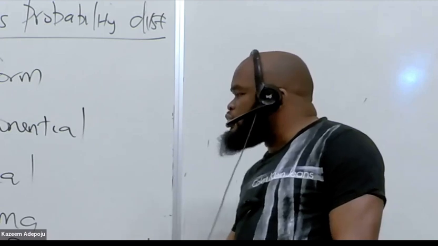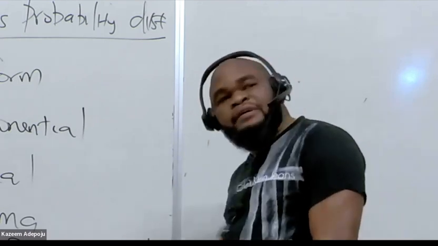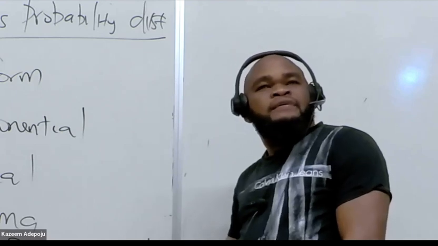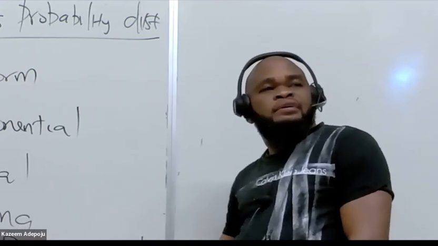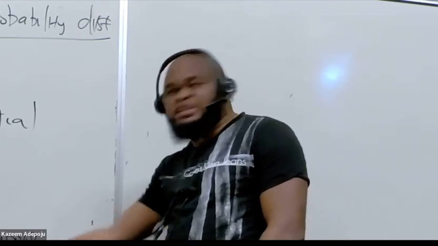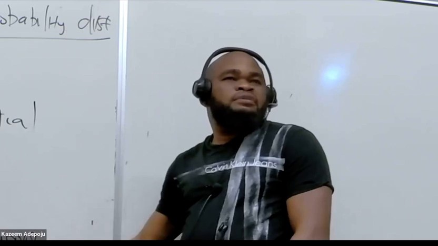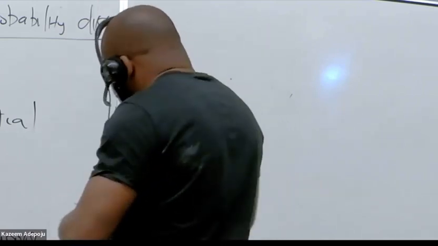You should be able to get the mean and variance of up to beta. I may not ask you about the derivation of T and F. Now let's start with the uniform.